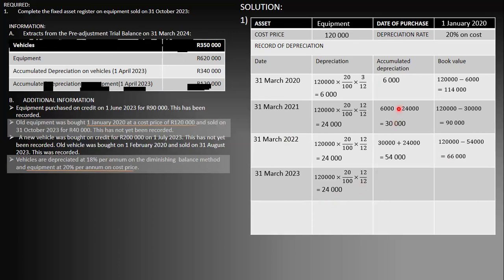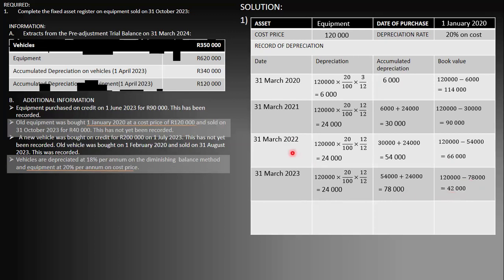And to get the accumulated depreciation, we say this accumulated depreciation from the previous year plus the depreciation for this year, and that will be 54,000 plus 24,000. That will give us 78,000. And the new book value will be the cost price minus the accumulated depreciation for that year, which is 120 minus 78,000. That will give us 42,000, right?